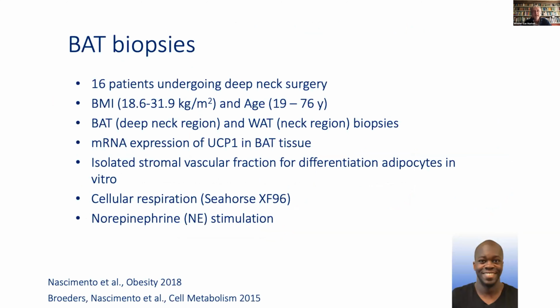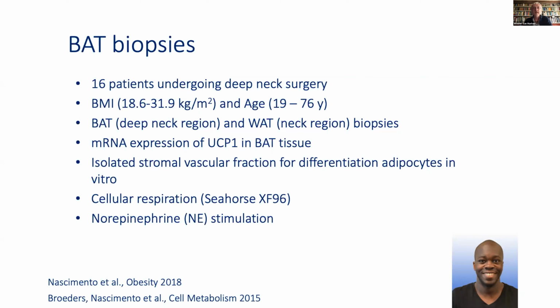We took biopsy material from a lot of patients undergoing deep neck surgery, isolated the stromal fraction, and raised a cell culture. Then we measured cellular respiration in a Seahorse, a special device that in fact just measures oxygen consumption, and we could stimulate the cells with norepinephrine, mimicking the sympathetic nervous system.